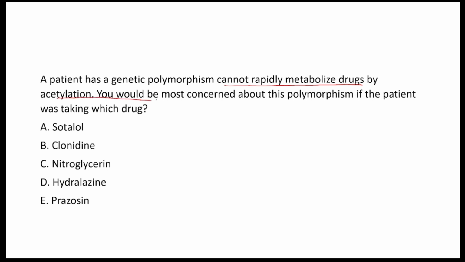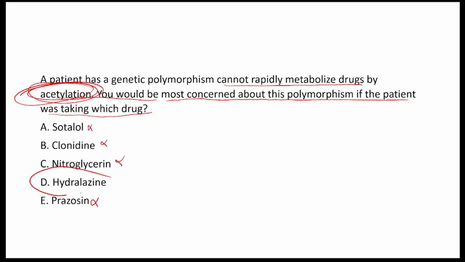For acetylation, you would be most concerned about polymorphism if the patient is taking which drug? Here, about acetylation and genetic defect: sotalol, clonidine, nitroglycerin, prazosin. What do you think about hydralazine? Yes, this is the phase of metabolism responsible for hydralazine metabolism.